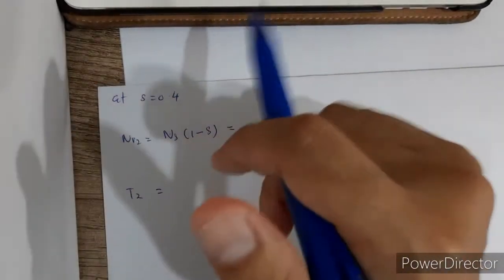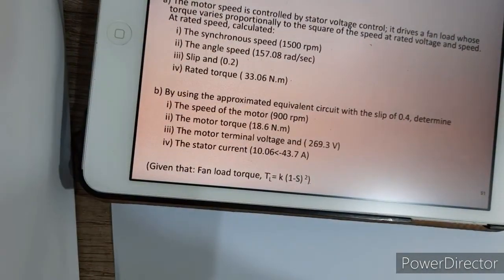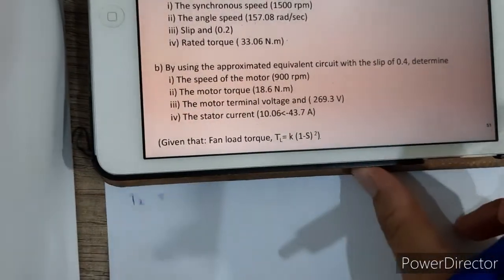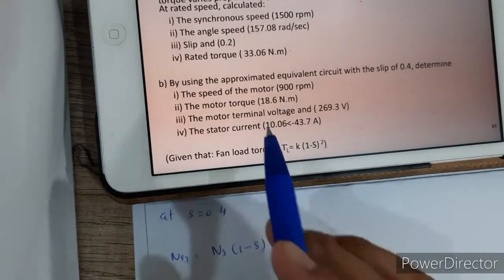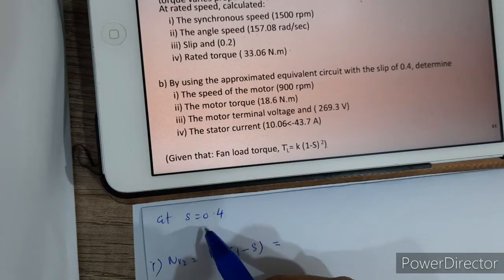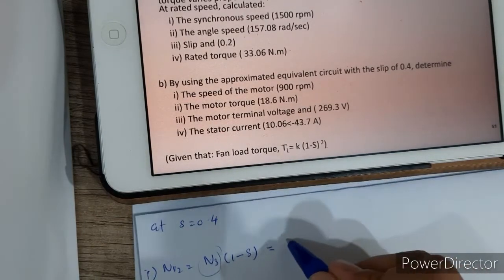On part B, the question asks, by using the approximated equivalent circuit with a slip of 0.4. So the given slip is S equals 0.4. The first question is the speed of the motor during S 0.4. We can determine NS, which is similar, 1500.